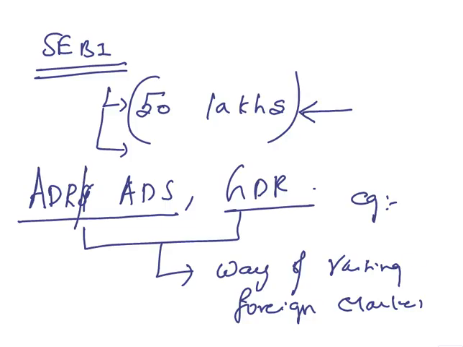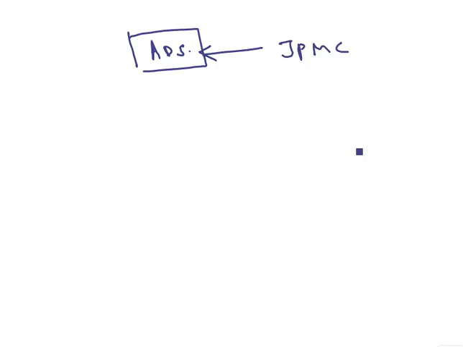Usually American citizens can buy the shares of non-US based companies in the form of American depository shares or receipts. These are sold by depository banks like JP Morgan Chase, and they are traded in the same manner as shares of US companies.